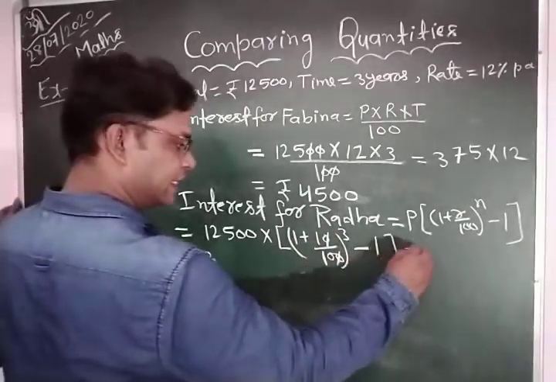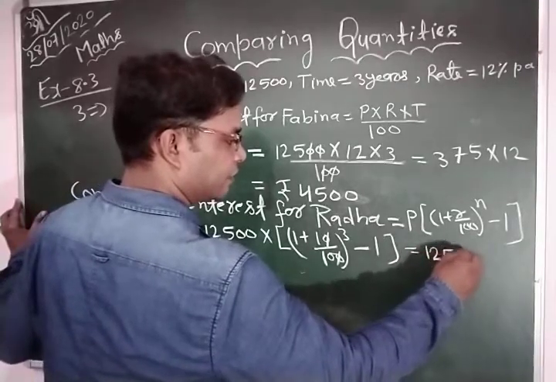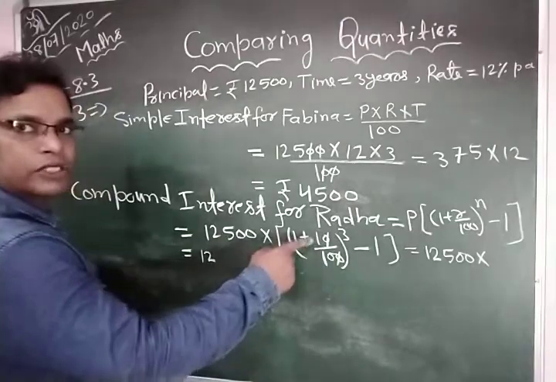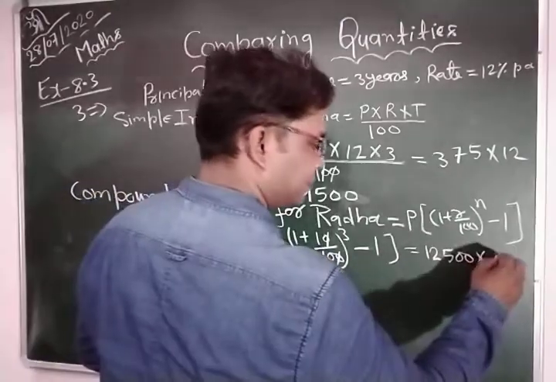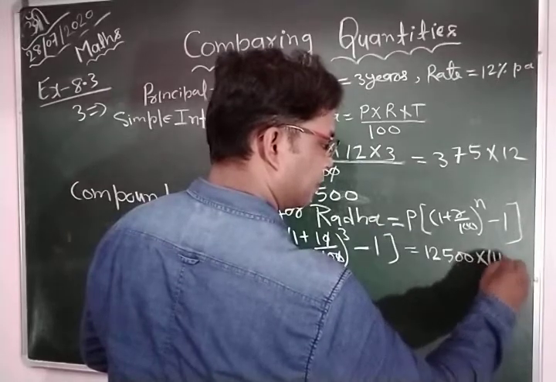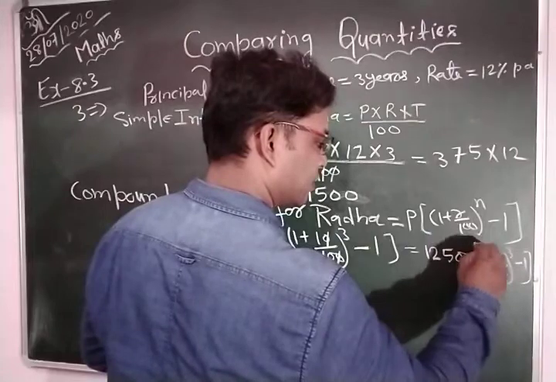And you can write it like this: 12,500 into, this becomes 10, so 10 plus 1 is 11. So this is (11 by 10) power 3, minus 1. Clear?